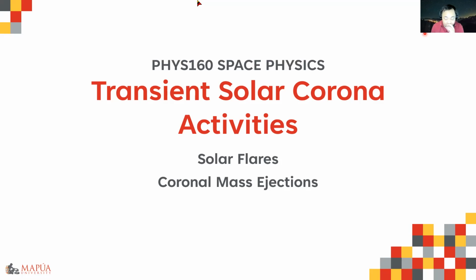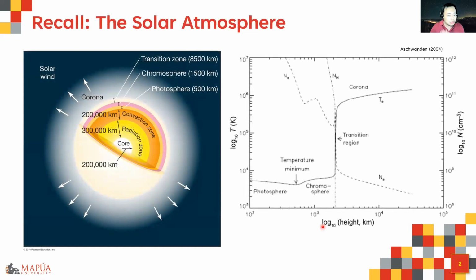But before discussing this topic, let's have a brief recap of what we've discussed so far. Last time we talked about the solar atmosphere. Generally, we talked about the observable surface of the sun in the visible range. We call that the photosphere, which is described by a decrease in temperature.